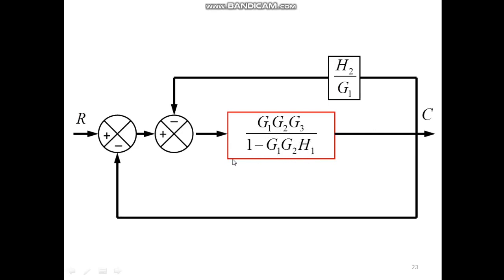Now if you observe carefully, this particular representation is nothing but a minor feedback loop. So we will eliminate this minor feedback loop by considering the transformation as G1, G2, G3 divided by 1 minus G1, G2, H1, divided by 1 plus, because H2 divided by G1 is negative, so it will be divided by 1 plus this particular term, that is G1, G2, G3 divided by 1 minus G1, G2, H1 into H2 divided by G1.